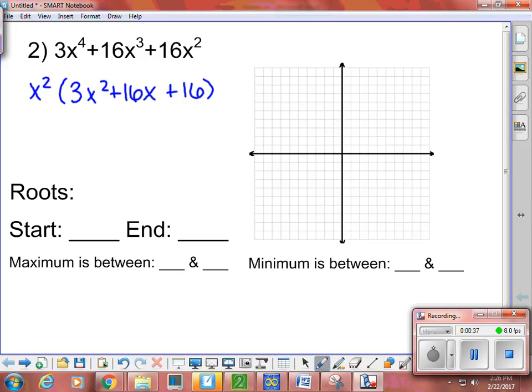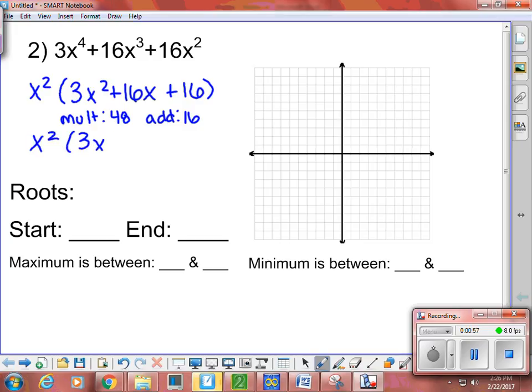Alright, so what I'm left with now is something that I can factor. So I have to multiply, and it has to multiply to 48, and it has to add to 16. Things that multiply to 48 that add to 16 would be 12 and 4. So this x squared is going to stay out in front.